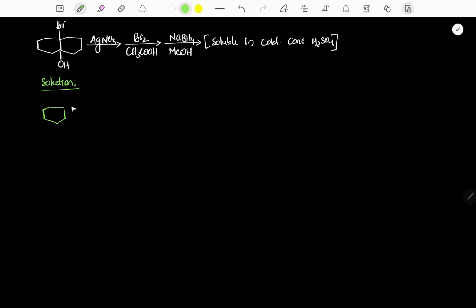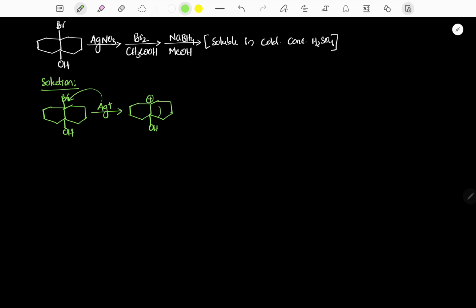The reactant has two functional groups: one is alkyl bromide and the other is alcohol. It is treated with AgNO3, that means Ag+. Ag+ always removes the halogen, so AgBr is eliminated and forms the corresponding carbocation.